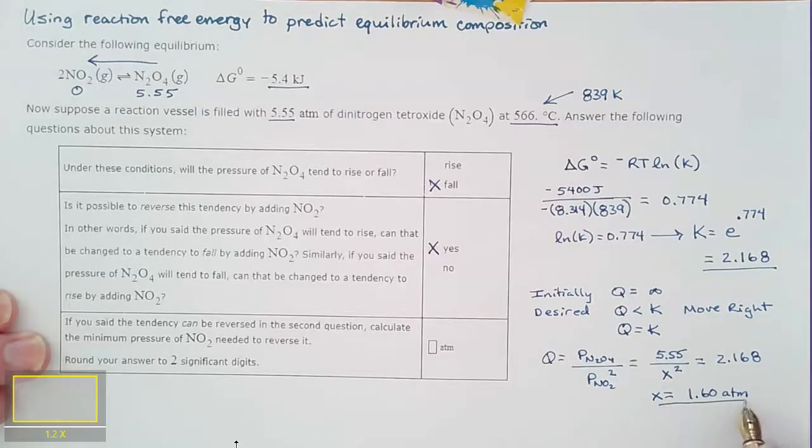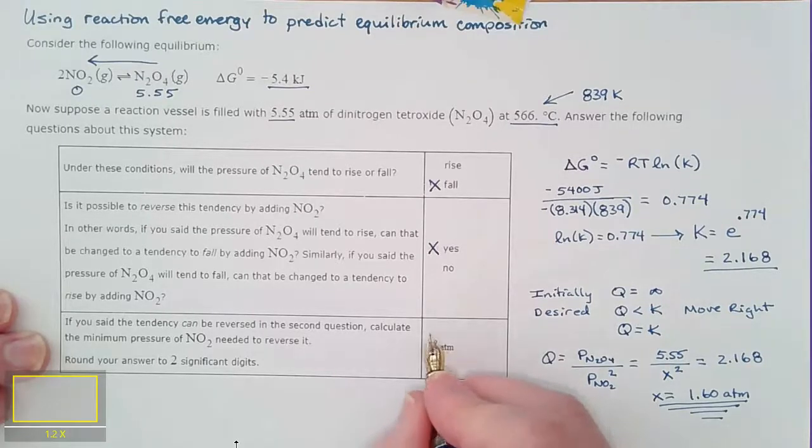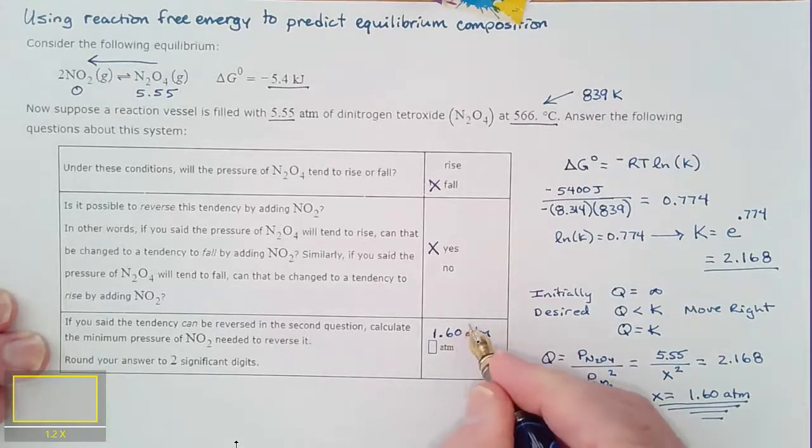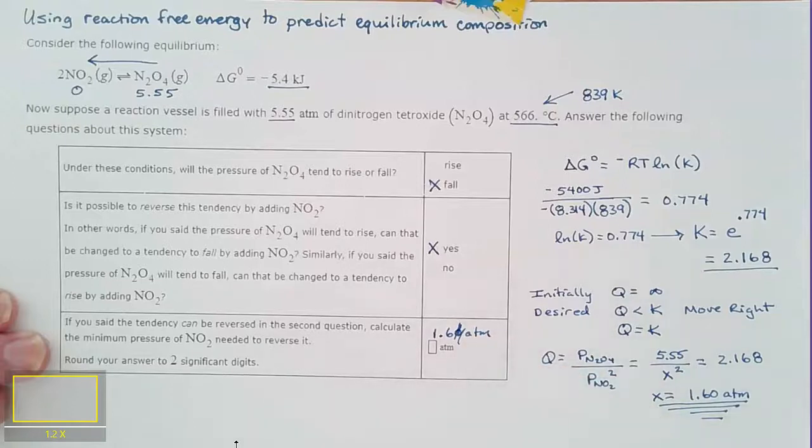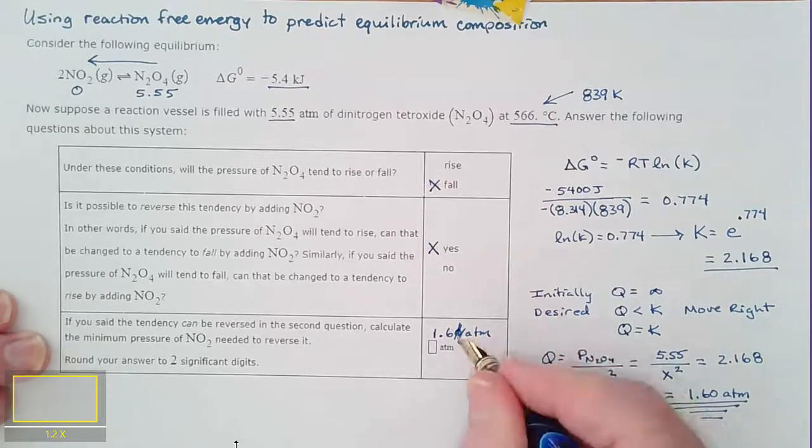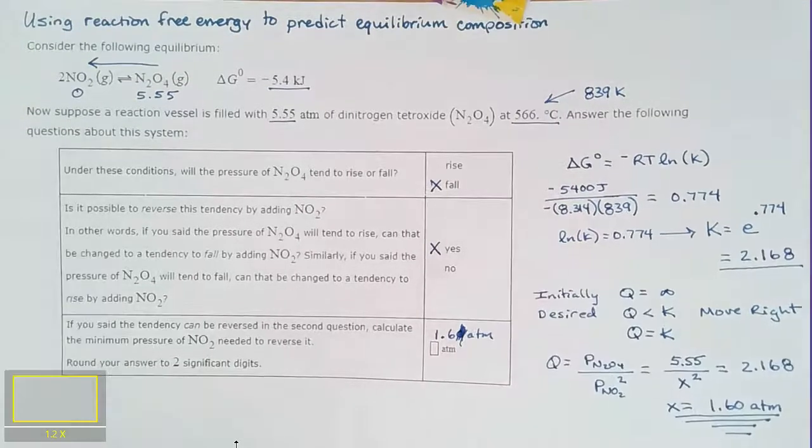So it will take at least 1.60 atmospheres for our reaction to be forced to the right, or reversed from its initial tendencies. ALEKS wants it in two significant figures, so we would eliminate the last zero there. That's one example.